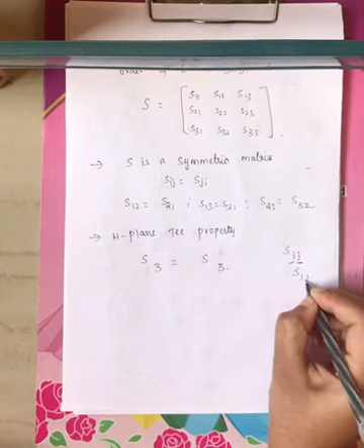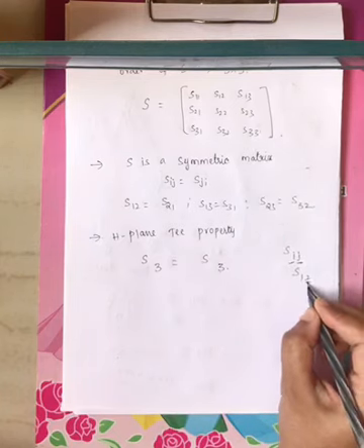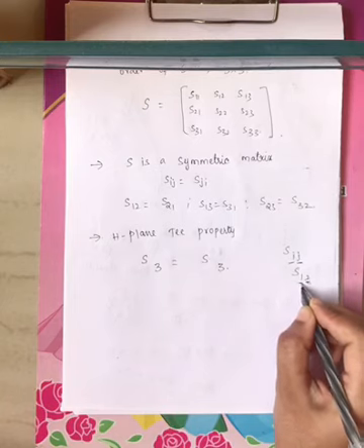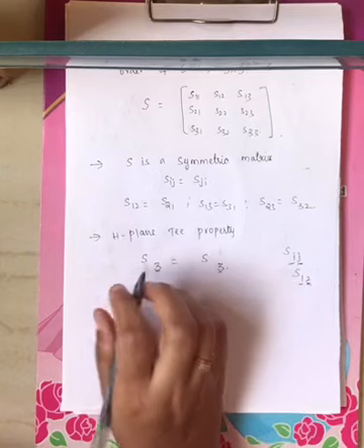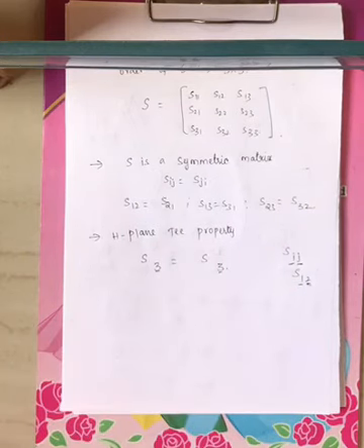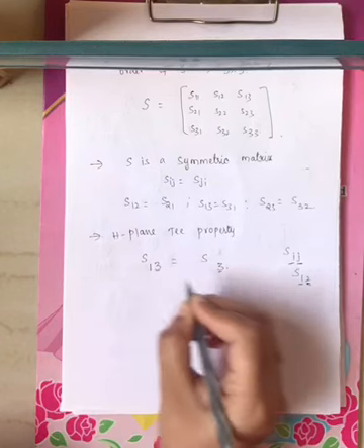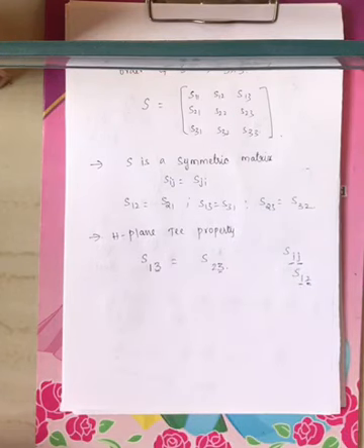Let us assume S12: input you are giving from port 2 and output you are collecting from port 1. Now if I give input from port 3, where will you get output? Port 1 and port 2, which are equal in magnitude and phase. That's why S13 equals S23 from the property of H plane T.